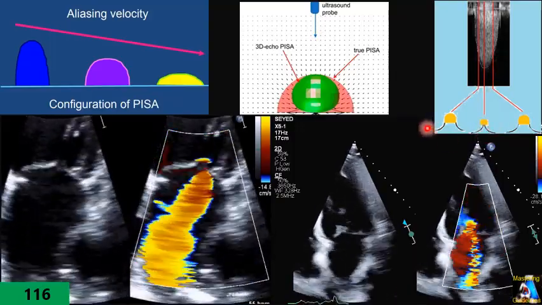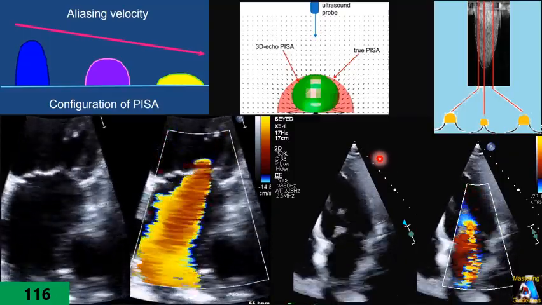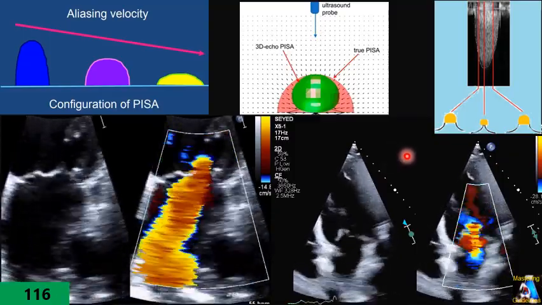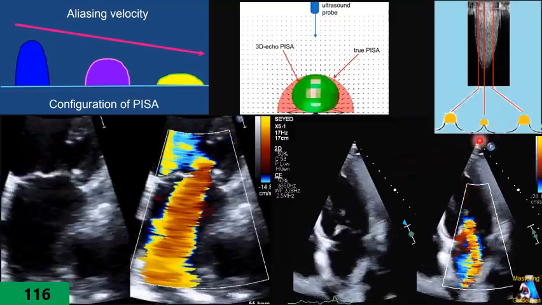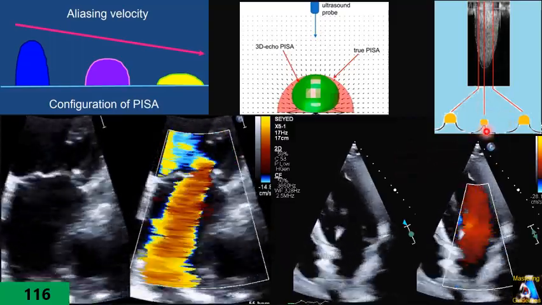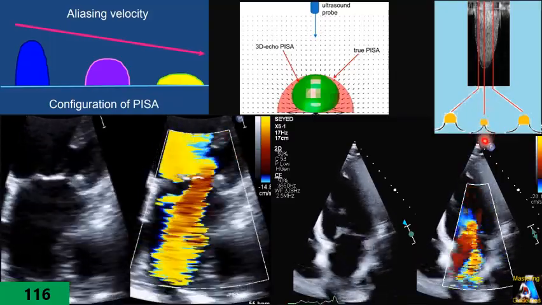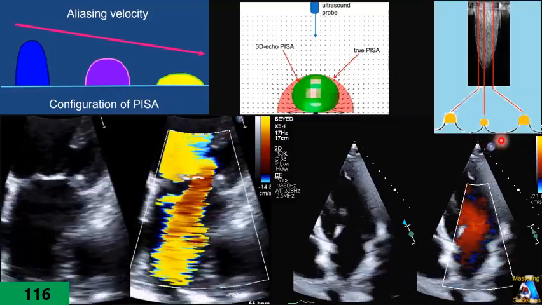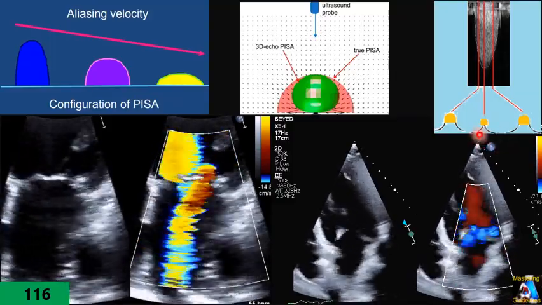But a study by Dr. Buck, B-U-C-K, sorry for the mispronunciation, showed that mid-systolic measurement will be underestimated. He compared with the gold standard CMR, cardiac magnetic resonance imaging.